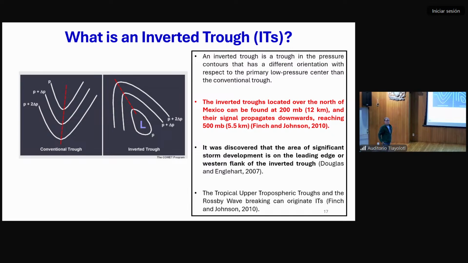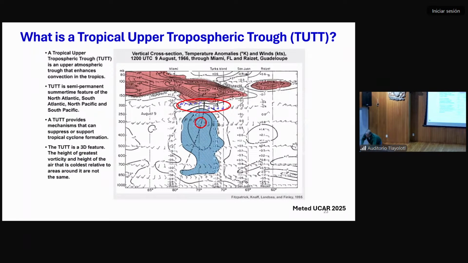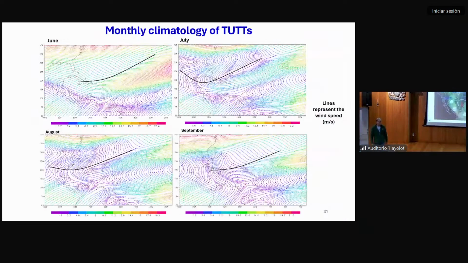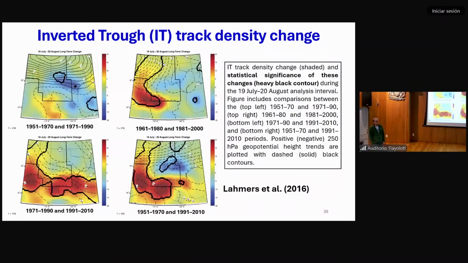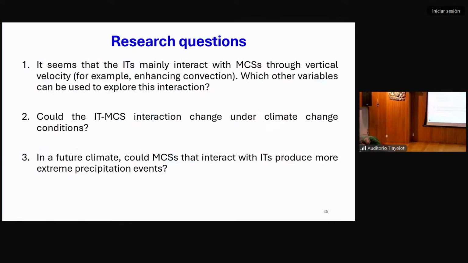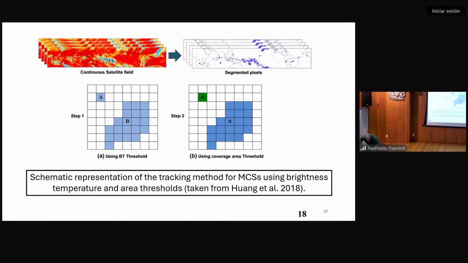Thank you. Doctor, my question is about the methodology for the tracking of the MCS. Do your students use a particular tracking methodology, or another one? Yes, I didn't mention that because of the time.